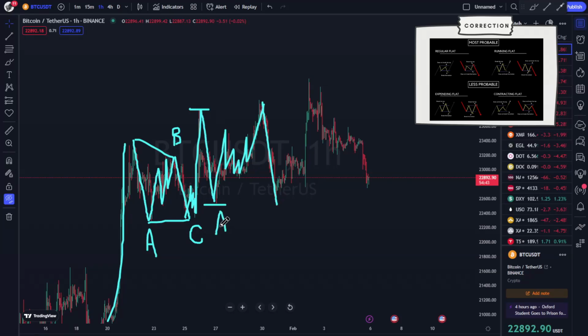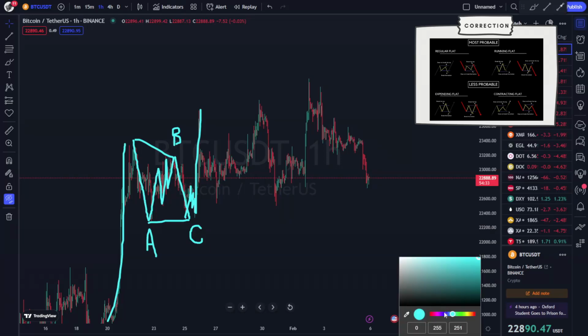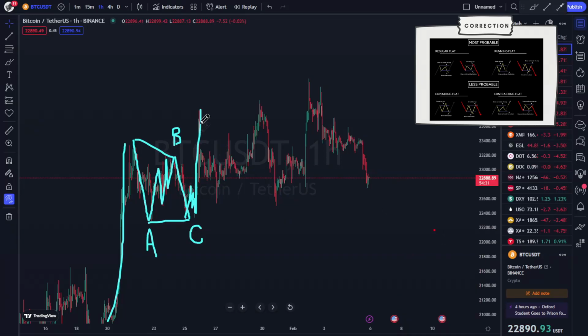So this is an A move, a B move, and a C move. Let me put it in a different color, in red for example, so it won't bother you. And then you have this retracement, A move, this B move, and this C move right there with that drop. And all this is a correction for that impulse right there.